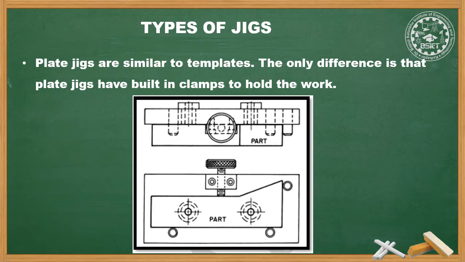These jigs can also be made with or without bushing depending upon the number of parts to be made. This type of jig provides the proper location and clamping to the devices and is used for the most precise accuracy and finishing.